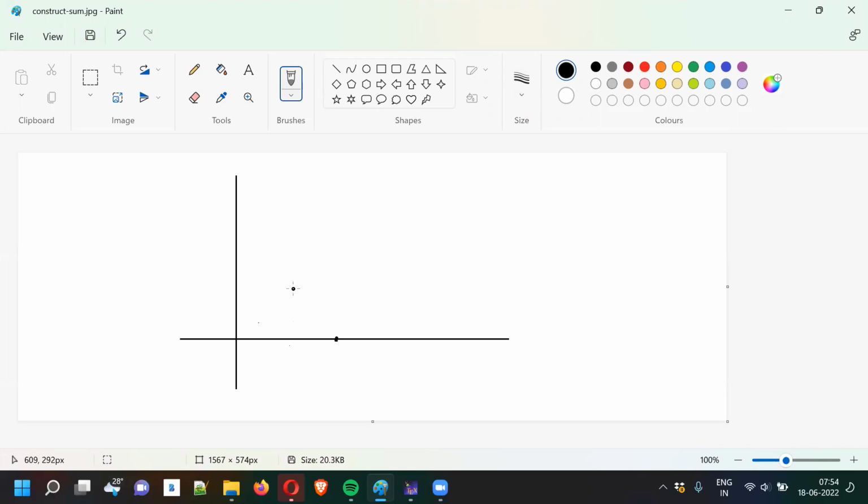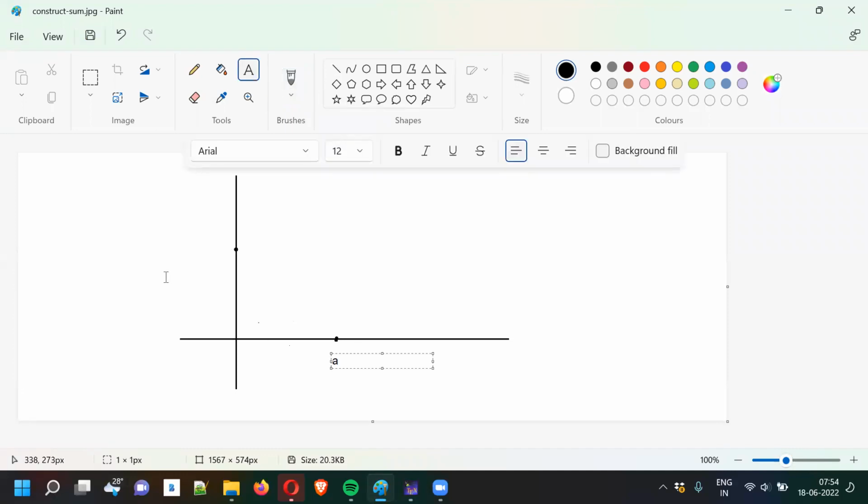I mark the point a on the x-axis. Let me also mark the point b on the y-axis. So this time, the markings change. A is here. Let us say b is here. All right. These are the two lengths.